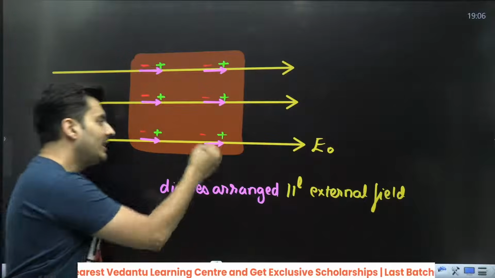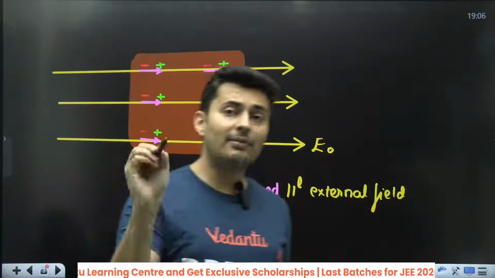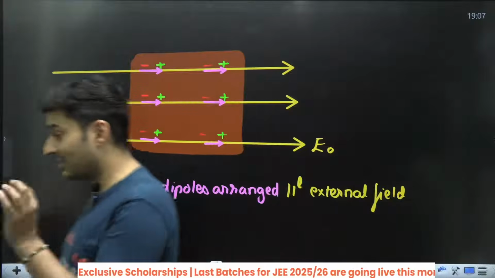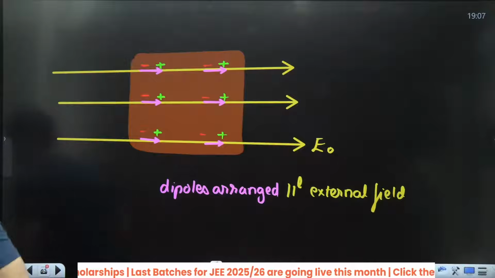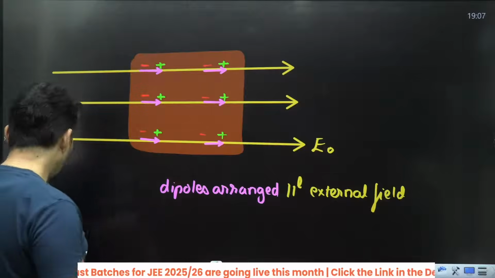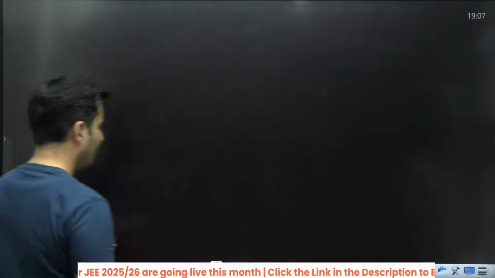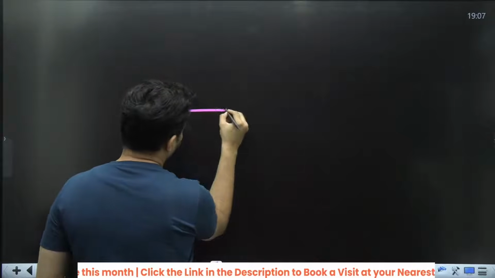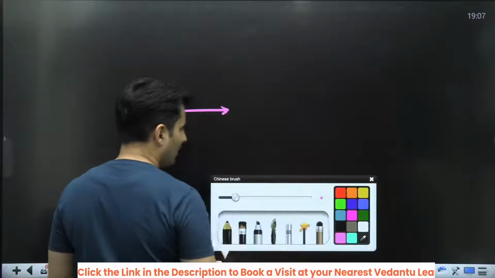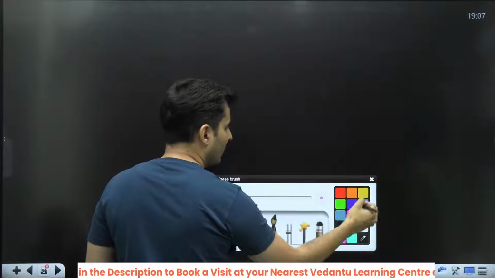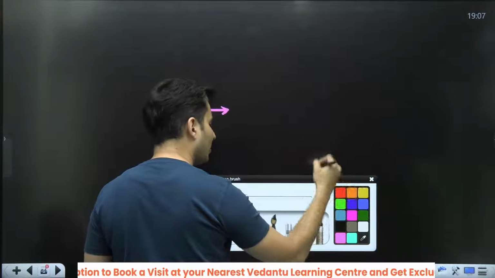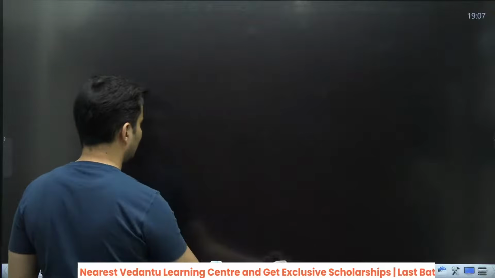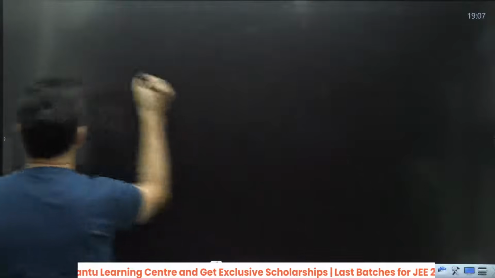What happens next? These dipoles themselves have their own electric field. Do not forget that. These dipoles have their own teeny mini electric field. So how does that electric field look? Well, it looks something like this. If this is our electrical dipole, the electric field lines always start from the positive and go towards the negative, right?